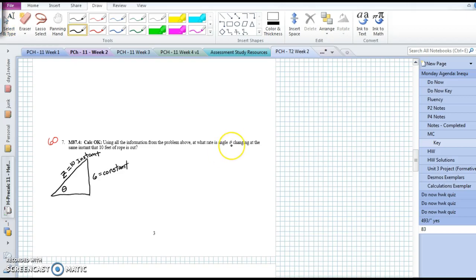In this problem, you've been asked for the rate the angle is changing, so d theta dt is what you seek. You also know that the boat winch is always 6 feet above the water.